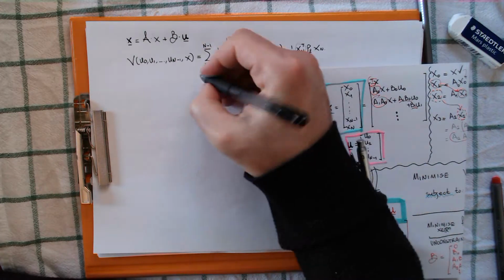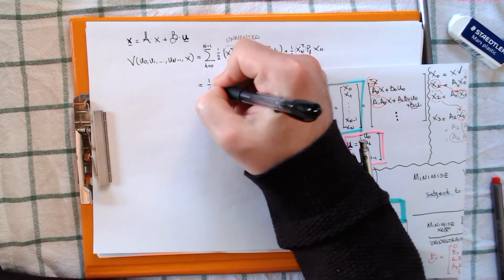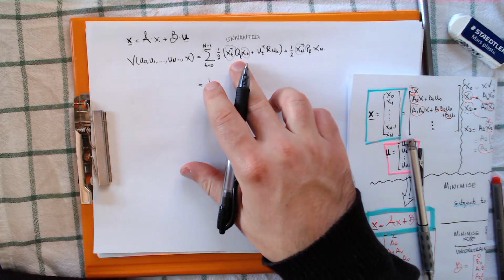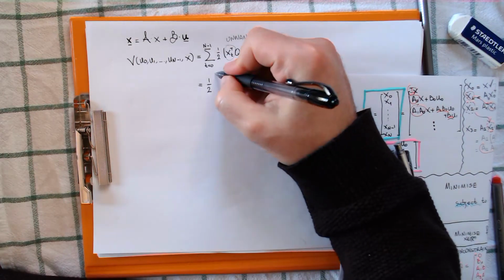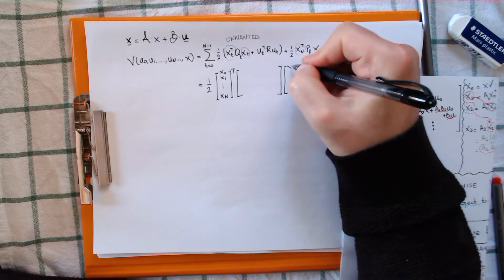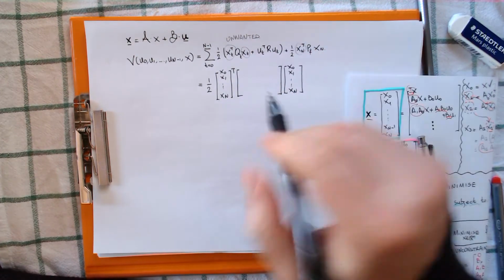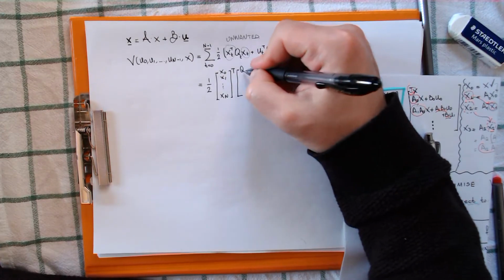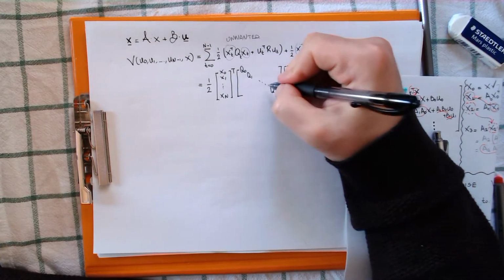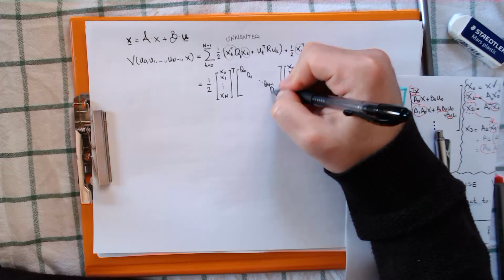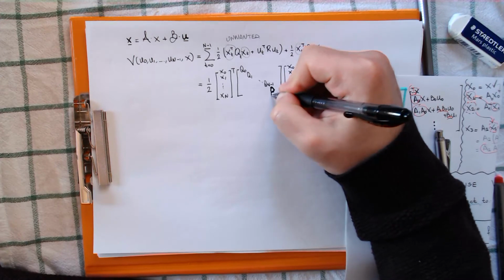So the first thing we'll do here is we'll move 1/2 outside. As far as the first term is concerned, we'll write it like that. And here we will write all the q's, Qn minus 1, and the last one will be pf.